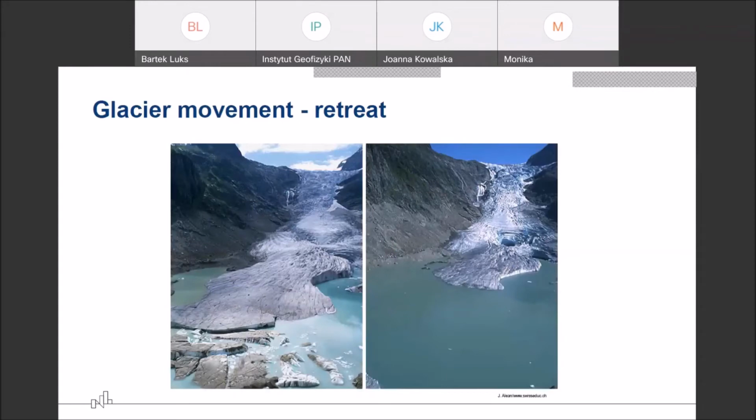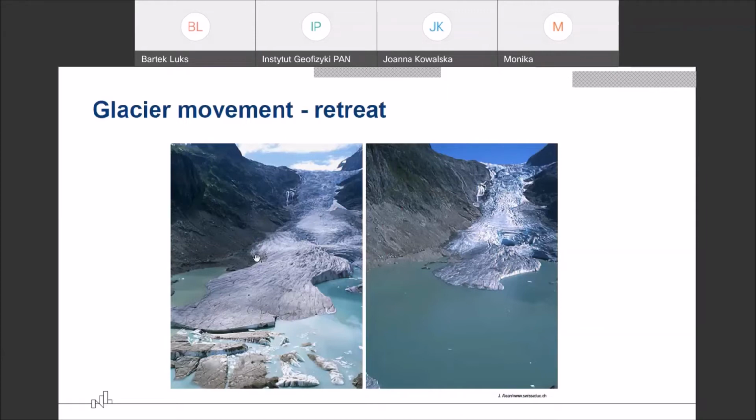That's how it looks in the Alps, and this is also a five-year difference and scale. This part is about 150 meters, even more, 200 meters. In 5 years, 200 meters of ice melted out in the Alps.